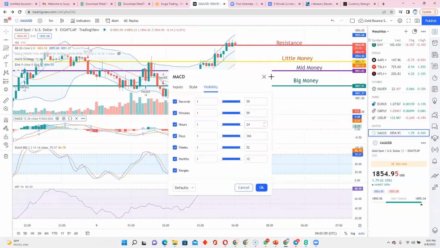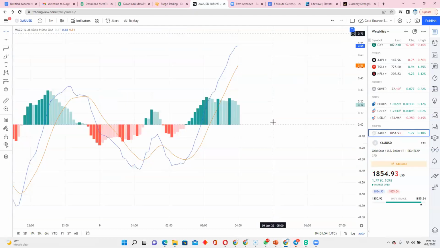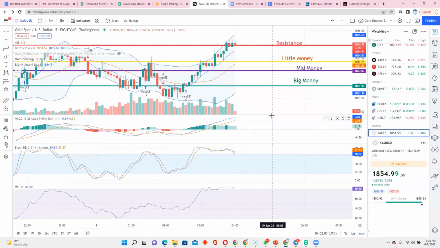The MACD, see this momentum. Momentum is going down faster now, it looks like. So that's a good sign. But it's still consolidating. It's consolidating right at this resistance line.